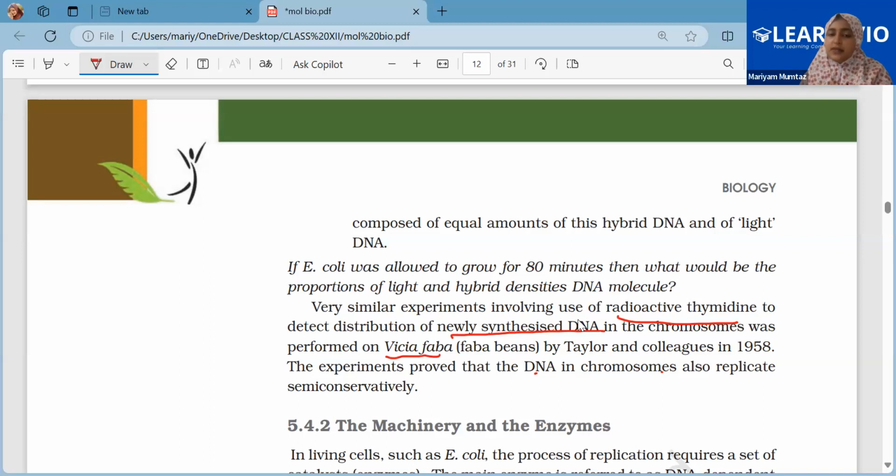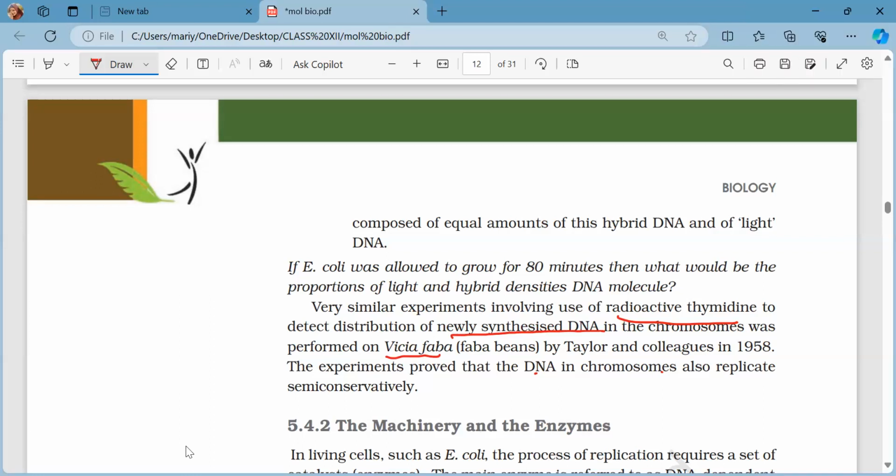And girls, what is the meaning of semi-conservative? One strand will be like the parental and the other one will be new. Yes. Okay. Just give me 1 second. Students, I'm just coming in 2 minutes.